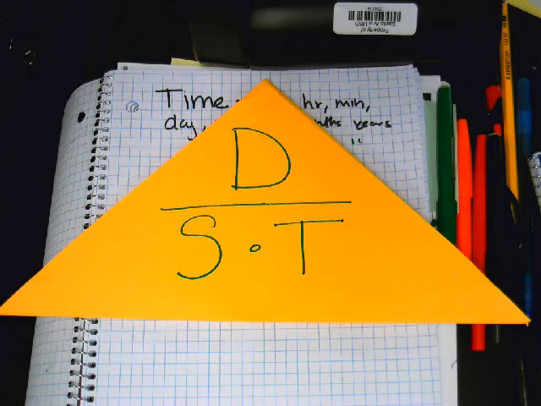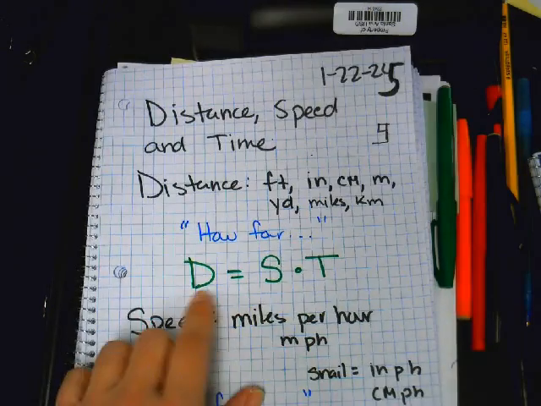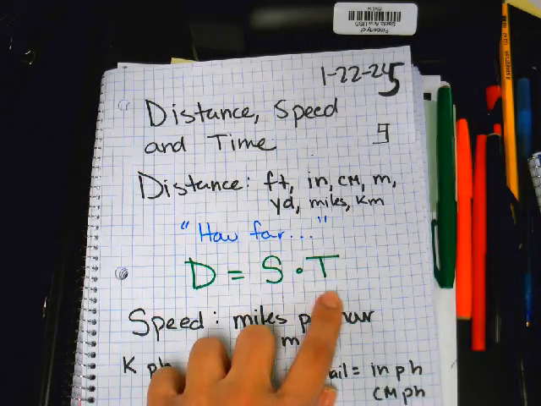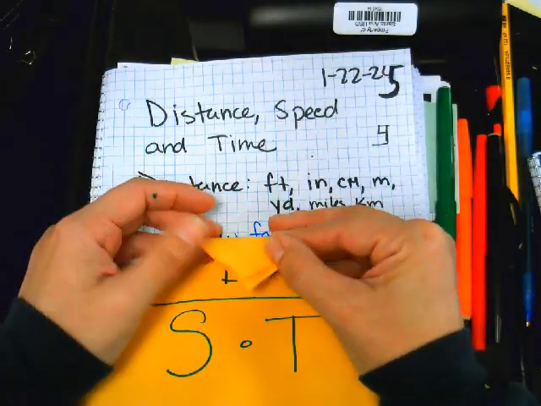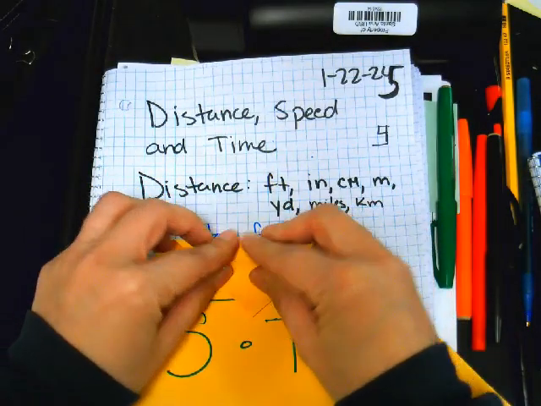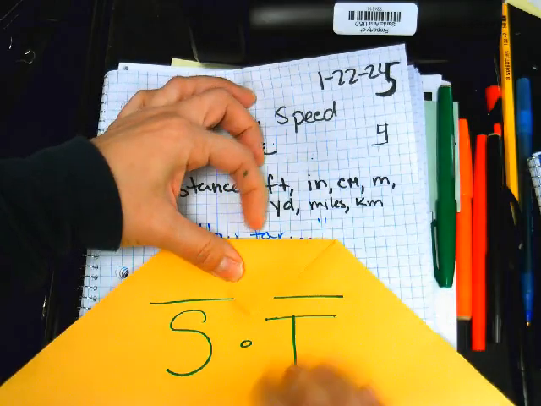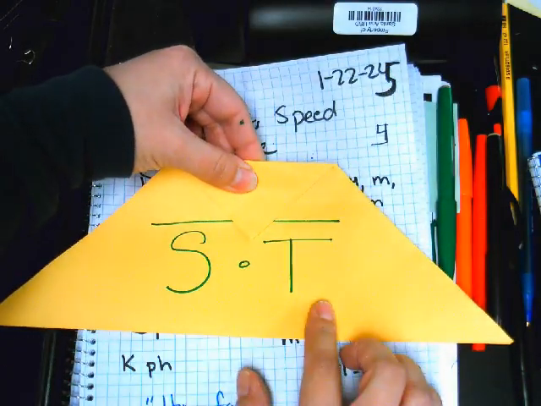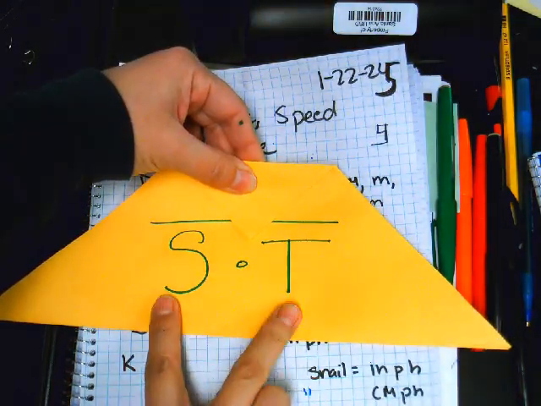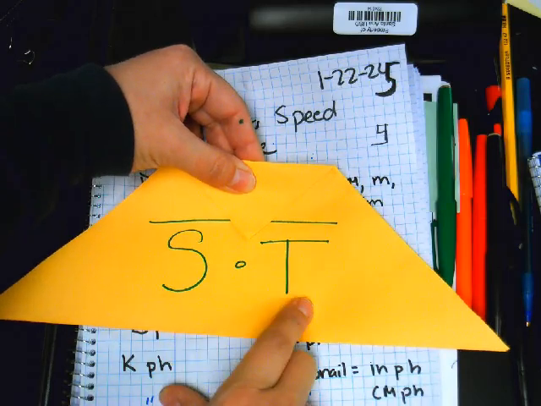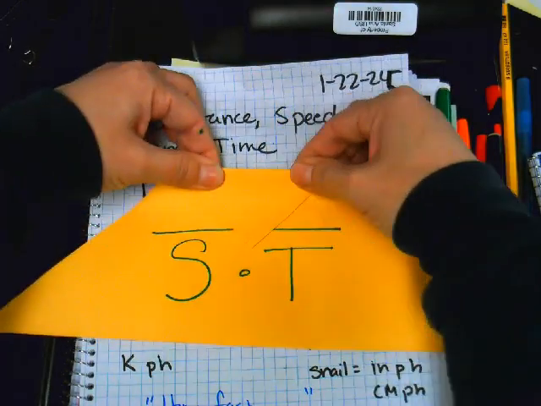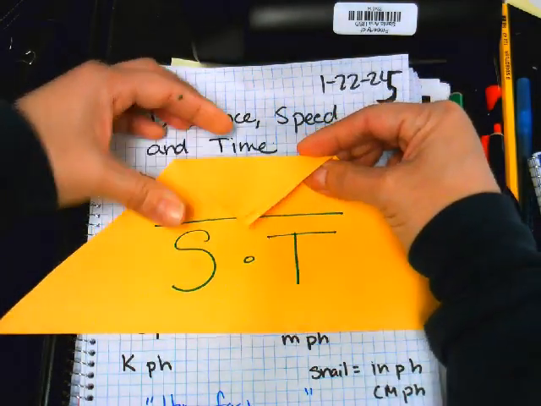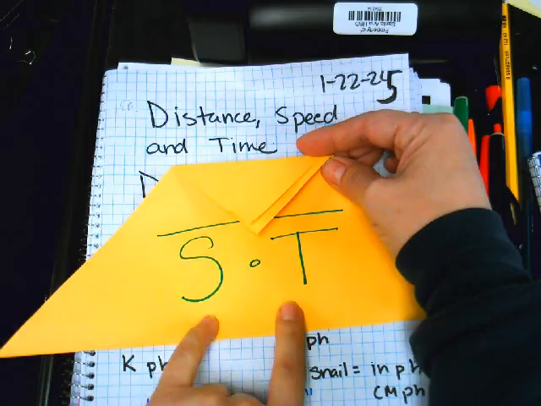Okay. Whatever you want to solve for is the letter that you cover up, and it'll tell you the math that you have to do. If I want to find distance, it's speed times time, right? So I fold over and cover up the letter D. Now what math is left there? Multiplication, and what two letters are being multiplied? S times T. So it tells you what you're solving for. Now I'm going to open it.